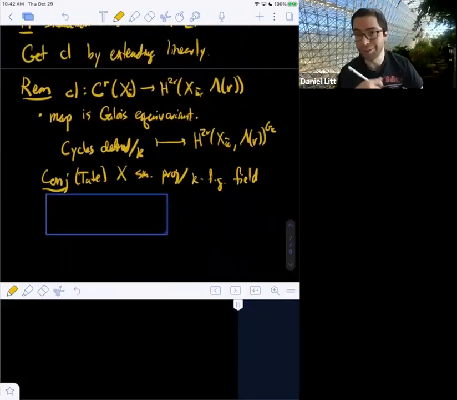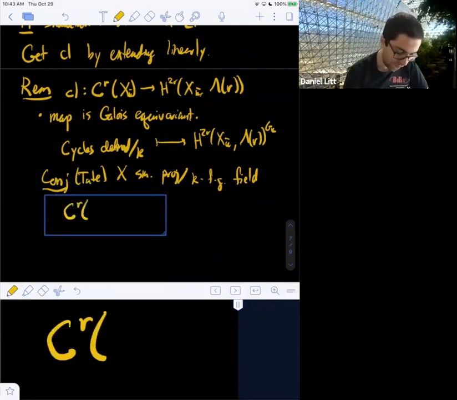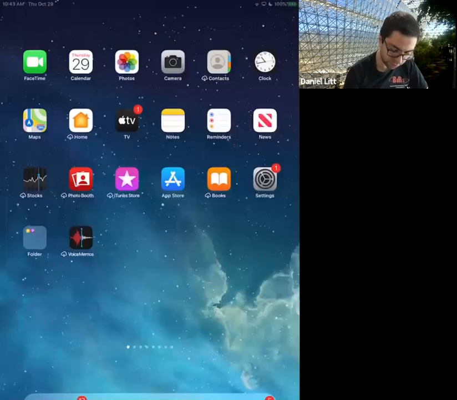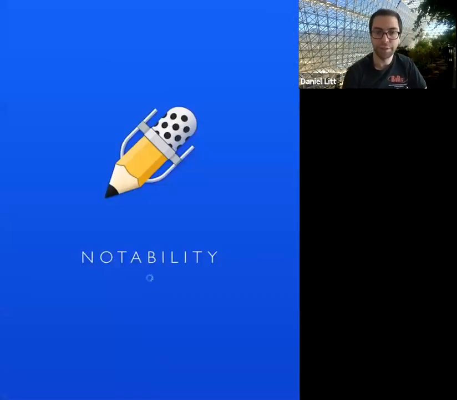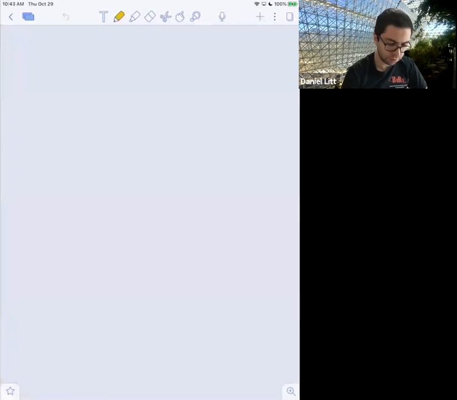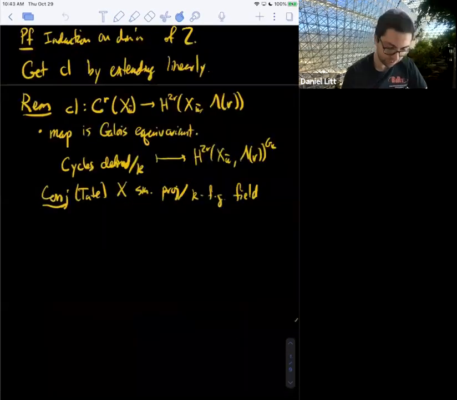So for example, you could take a number field or F_q. In this situation, R cycles on X tensored with Q_l to H2R.